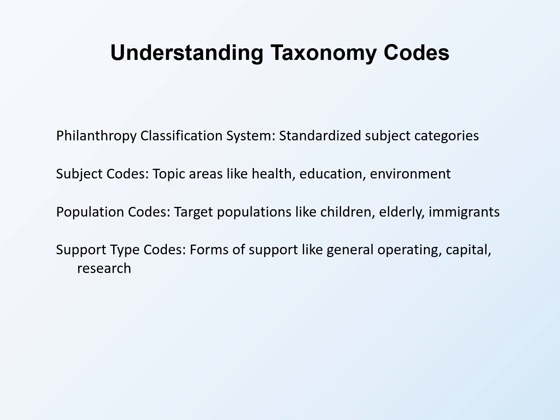Support type codes classify the forms of support foundations provide. Categories include general operating support, program support, capital campaigns, equipment, research, technical assistance, and others. Understanding support types helps you identify foundations providing the type of support you need. Some foundations only provide certain types of support.